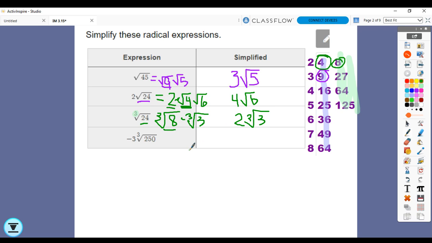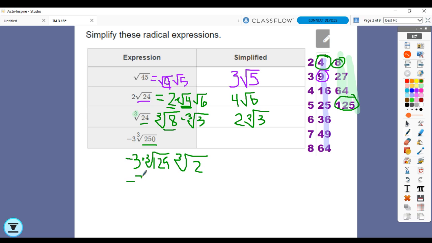All right, last one for this one. We're going to keep the negative 3 times the cube root. I'm just going to make 2 of them right away. So what perfect cube goes into 250? Look in the cube column. And 125 goes in evenly to 250. 125 times 2.